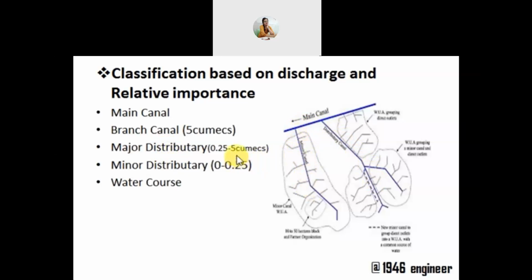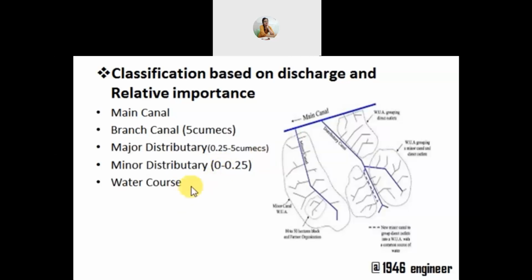The difference between the two is the major distributary carries from 1/4 of a cubic to 5 cubics of water, whereas a minor distributary carries 0 to 0.25 cubics of water. And these major and minor distributaries are the actual canals which carry water to the irrigation fields.